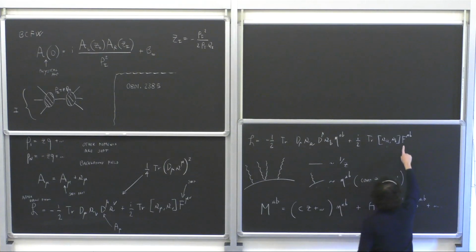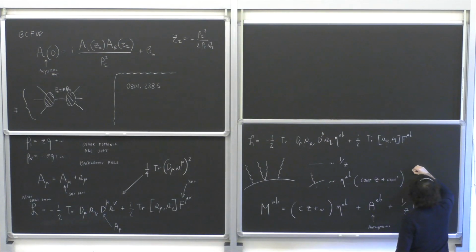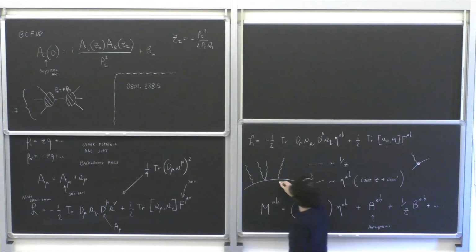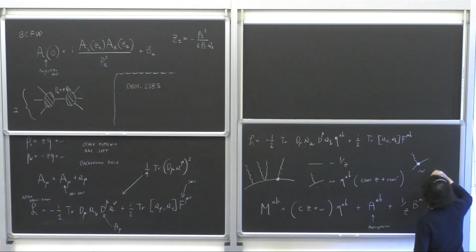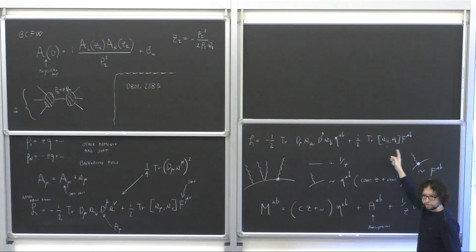We can say that another vertex will come from here, and this vertex, let's perhaps give it a different name. So I indicate with a ball, and maybe this comes like that. This would be proportional to FAB. But here there is no derivative, right? So this does not have any term which grows linearly with z.